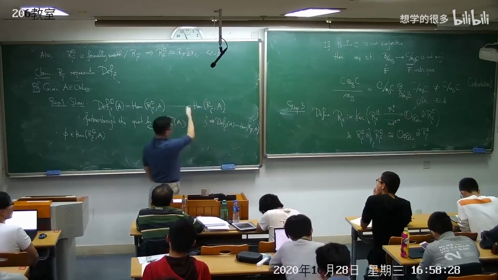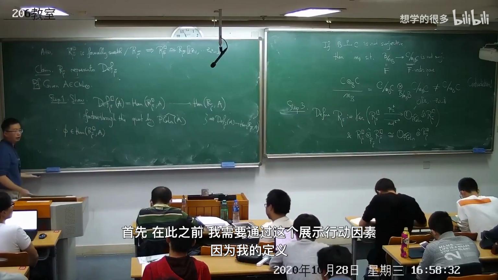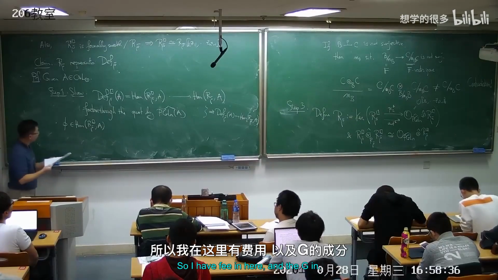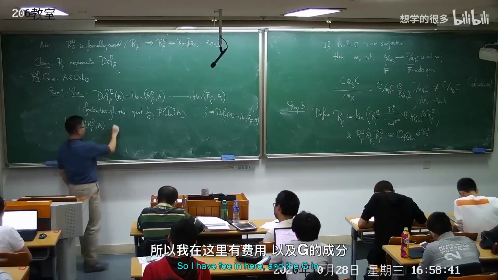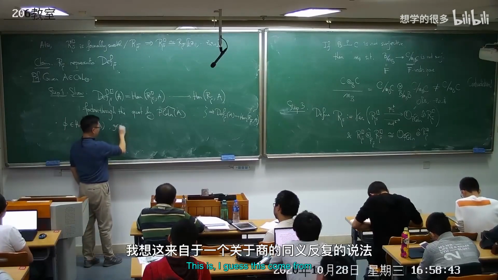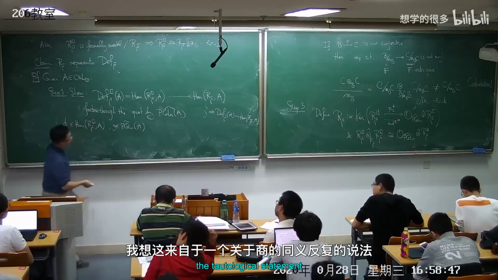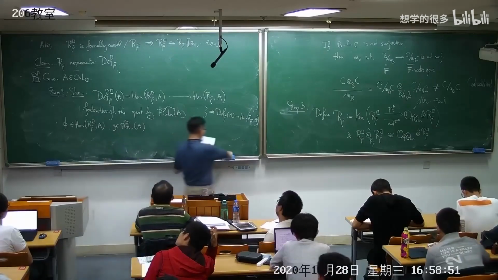But then I have to show this. The first one, before that, I need to show the action factors through this, because I define R rho bar as a kernel of that. So I have phi in here, and the g in PGLN. I guess this comes from the tautological statement for the quotient, but let's just spell it out.